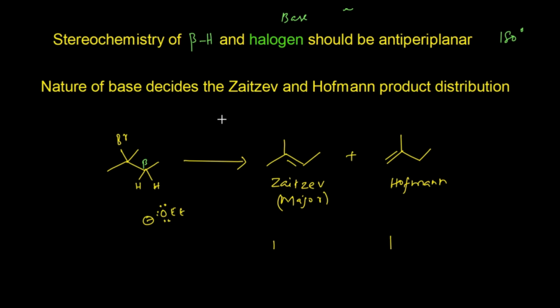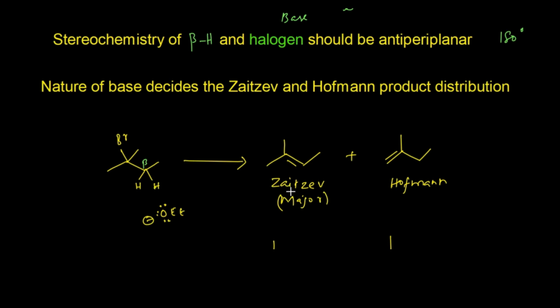Please remember that in the E1 reaction we studied the Saytzeff product and the Hofmann product. The Saytzeff product is the highly substituted alkene, and the least substituted alkene is the Hofmann product.